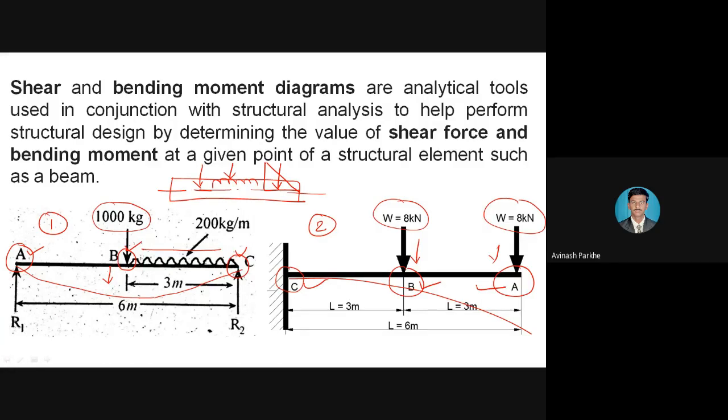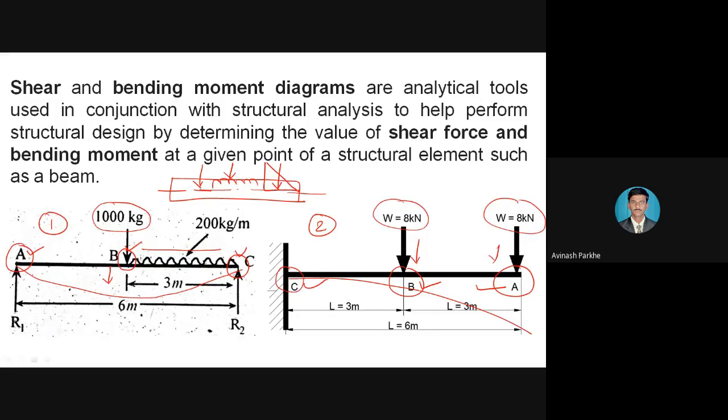That diagram is called the shear force diagram and the bending moment diagram. That means the theoretical calculation we have made is converted into graphical form, and those diagrams are called the shear force diagram and the bending moment diagram.